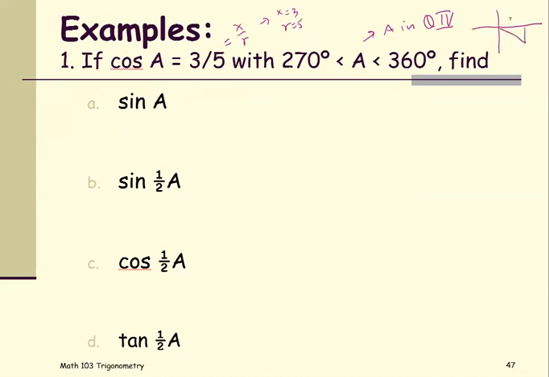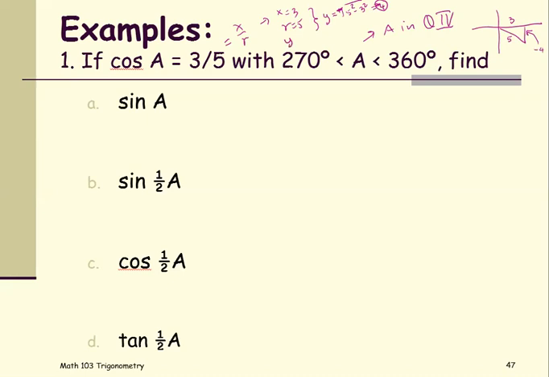X is positive, and y is going to be negative. To find y using the Pythagorean theorem, the square root of 5 squared minus 3 squared turns out to be 4. But in the fourth quadrant, y has to be negative. So y is negative 4.